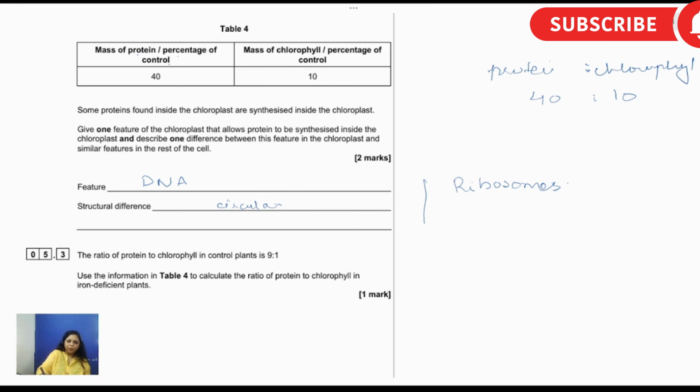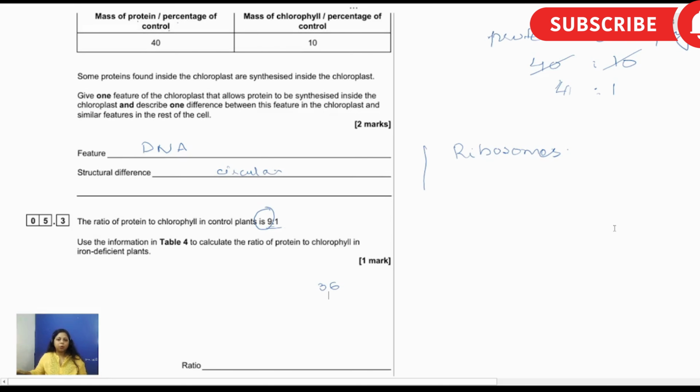If it's 9 to 1, it would become 4 to 1. 4 times 9 is 36, and 1 times 1 is 1. So 36 to 1. Correct.